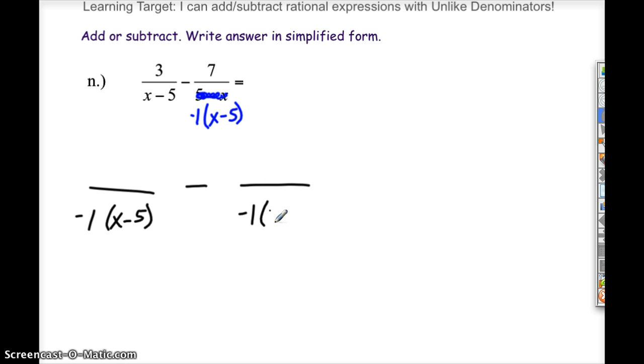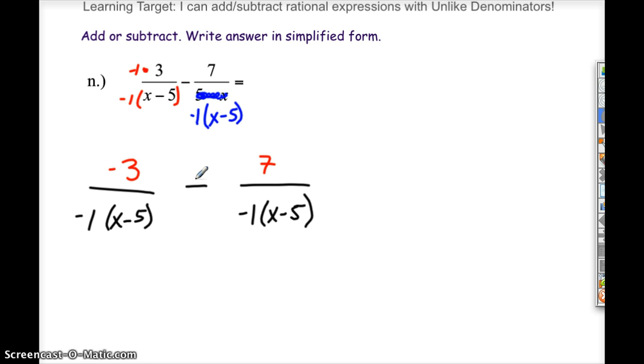This second fraction, it doesn't lose anything, but it doesn't need to gain anything either. So second fraction isn't changing, okay? However, the first fraction, it needs a -1. It gained a -1. So we're going to multiply by that, and so that turns it into a -3.